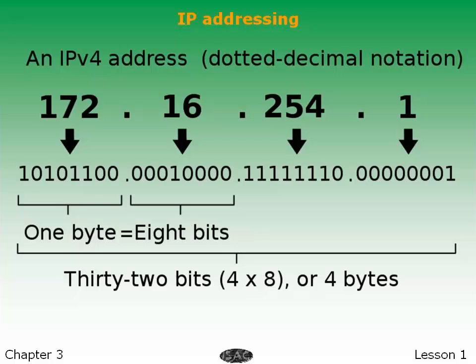IPv6 was standardized as RFC 2460 in 1998, and its deployment has been ongoing since the mid-2000s.